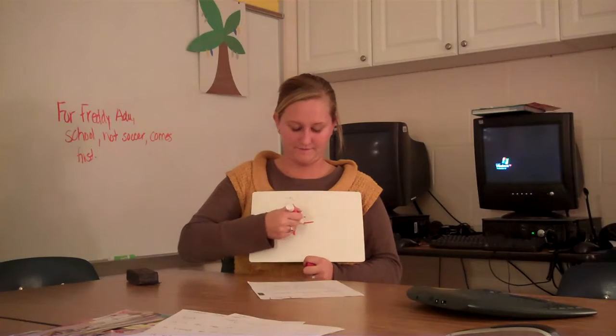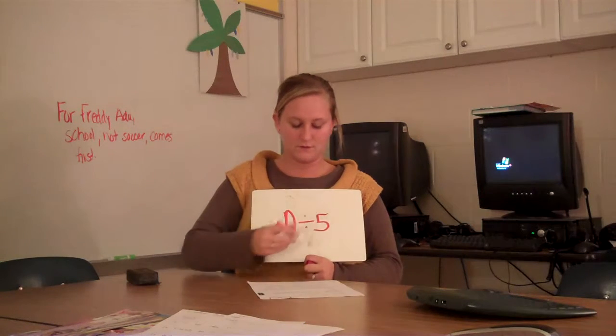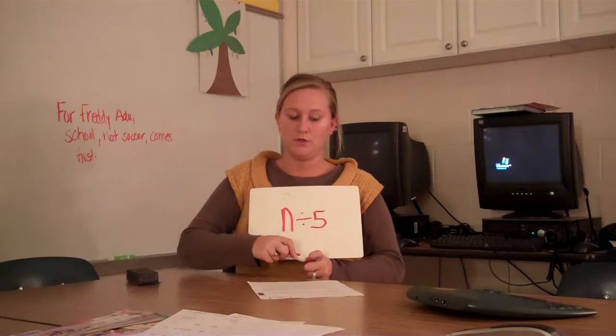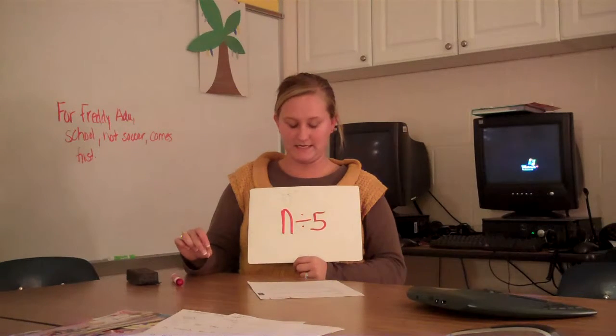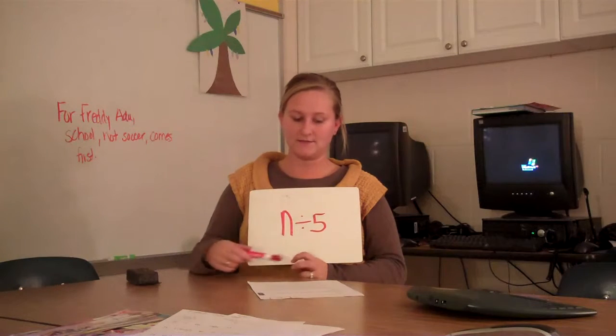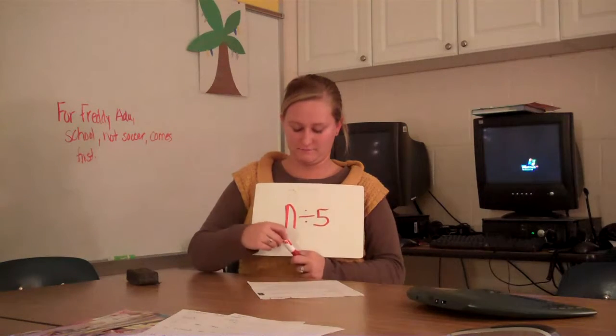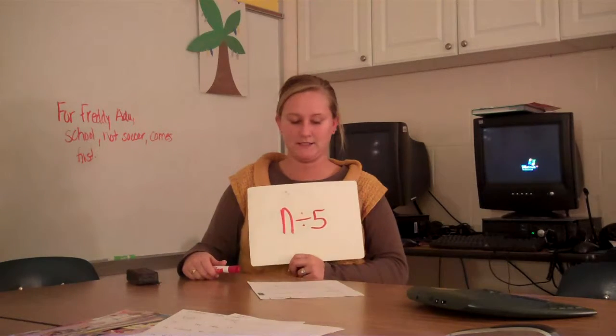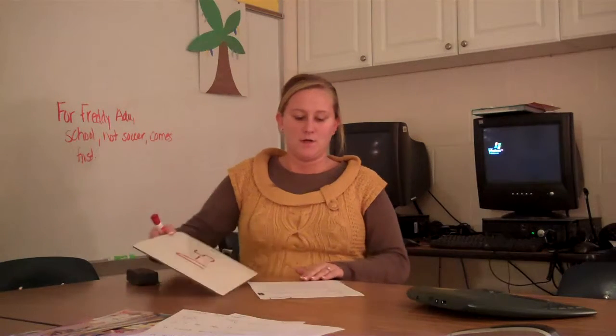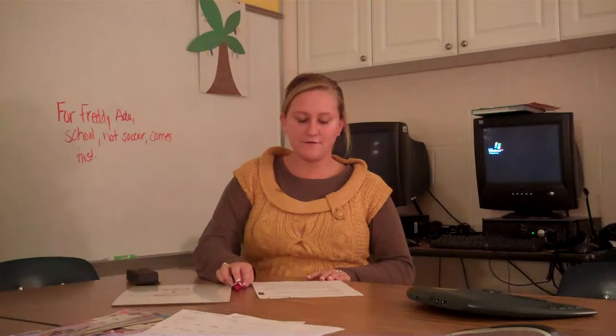You're dividing it by 5. So, A, B, C, or D, your answer should be D, x divided by 5. Same thing as n. Variables do not matter. You can use any letter you would like. I'm going to have you do 2 by yourself.